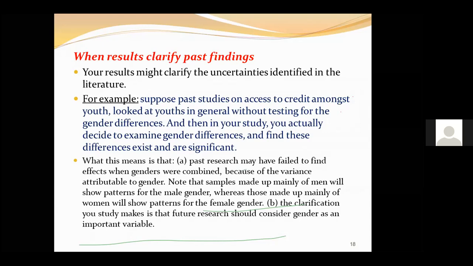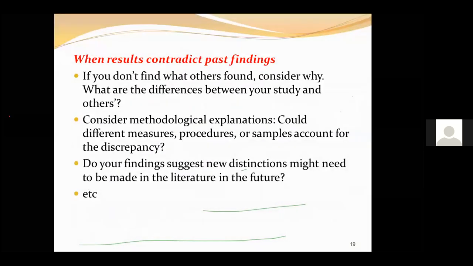The relationship between perceived usefulness and adoption of e-learning is insignificant. Dig deeper. The relationship between access to credit and business performance among youth is insignificant. Dig deeper. You will find that your results actually clarify what was not known.